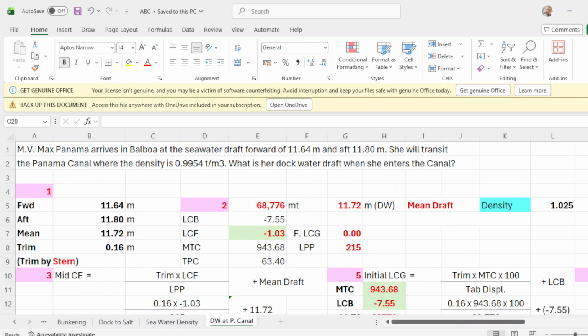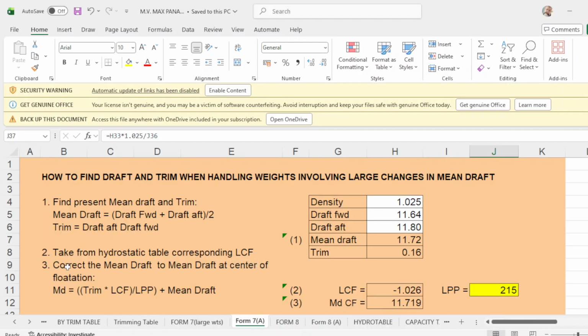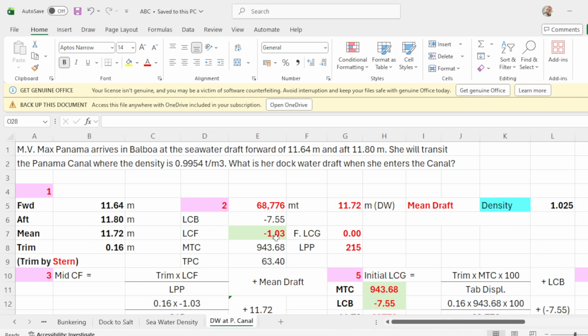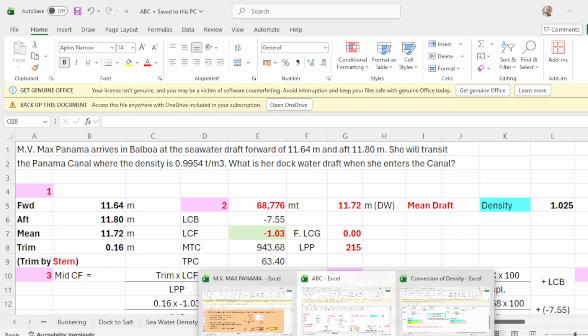So we go to number two. Number two says take from the hydrostatic table the corresponding LCF. So we're looking for the LCF, which is negative 1.026, or negative 1.03. It is already rounded off. But anyway, we go to the hydrostatic table, 11.72.